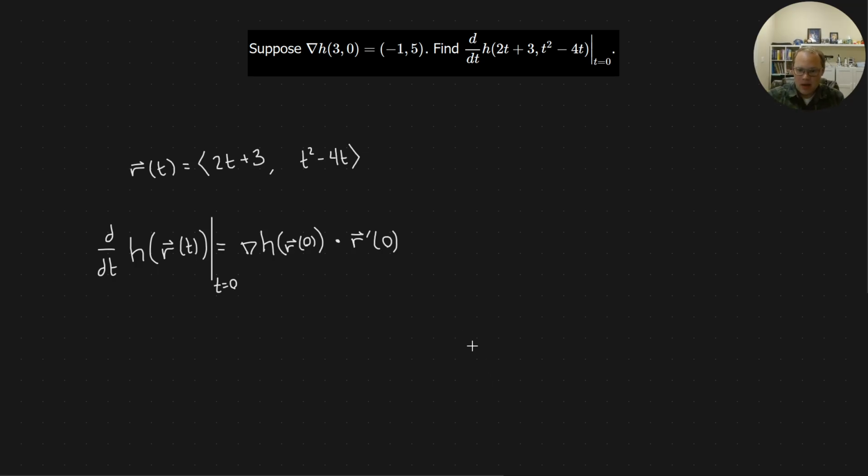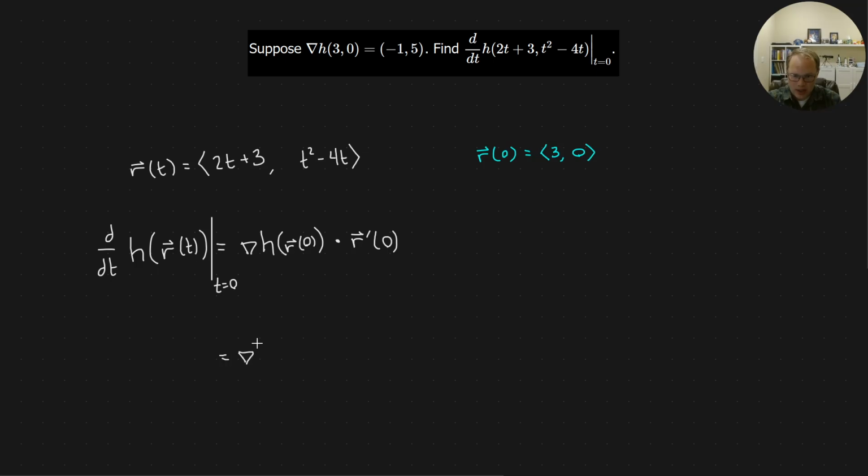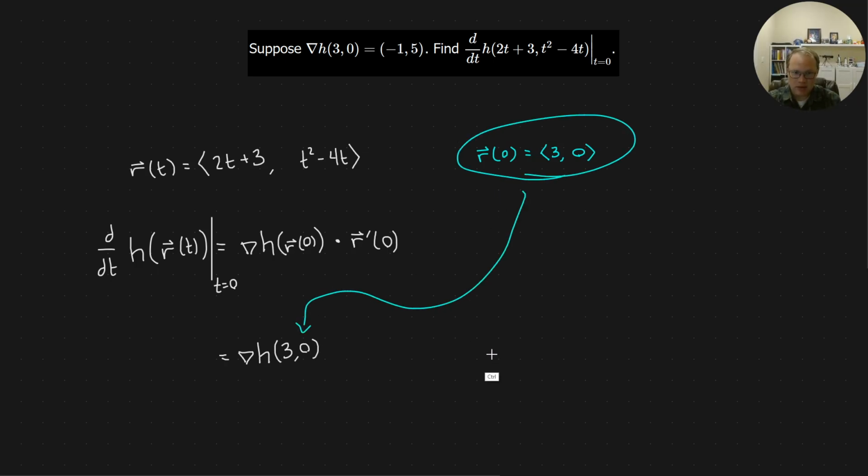Now for this one, let's first find out what r of 0 is. So if I plug 0 into this function, I will get (3, 0), right? So I want the gradient of h at (3, 0). Just taking this and plugging it in.